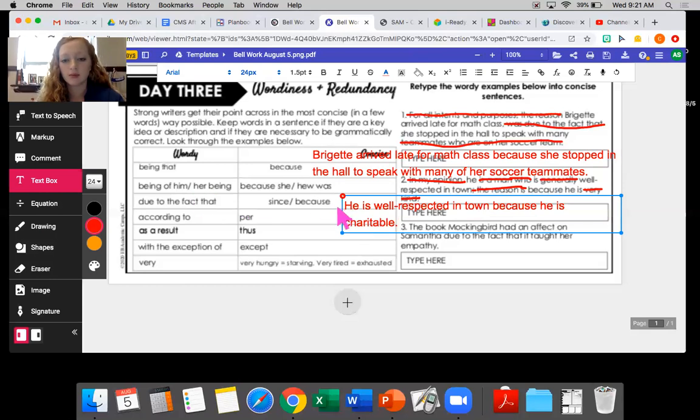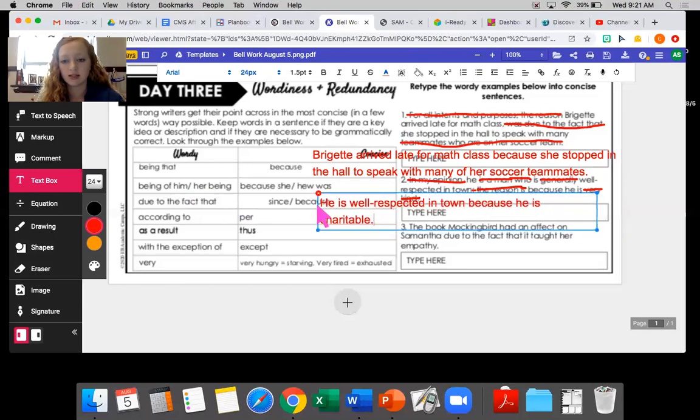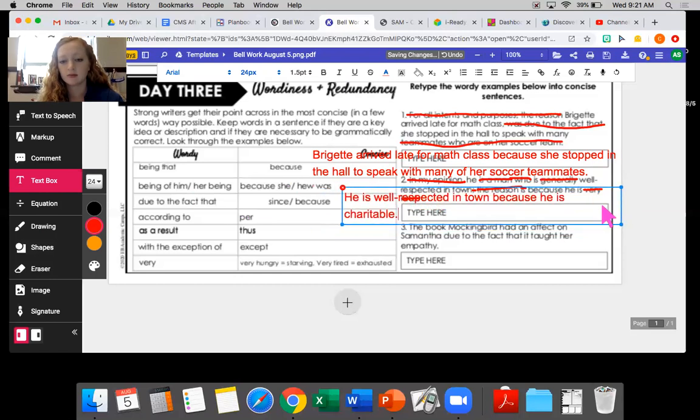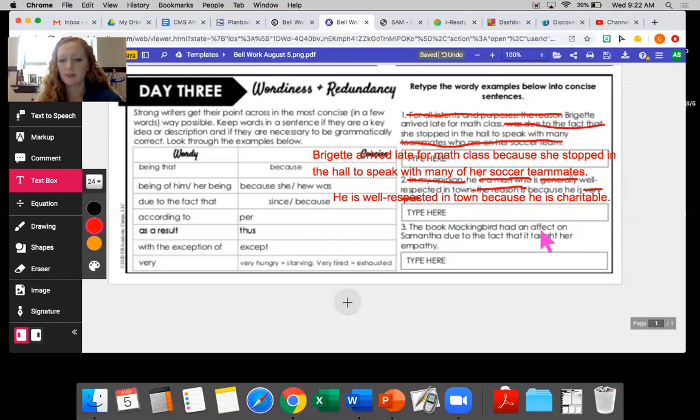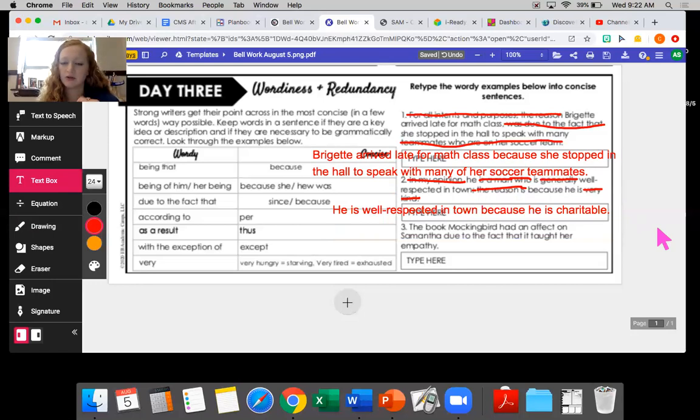Okay, so I'm going to stretch this box out. Maybe it'll let me. There we go. Okay, he is well respected in town because he is charitable. All right, or you could just say kind if you wanted to keep it simple.